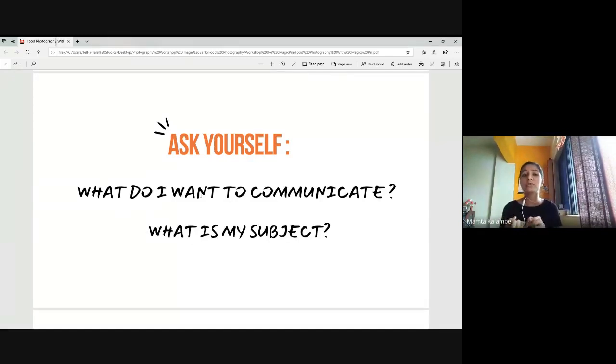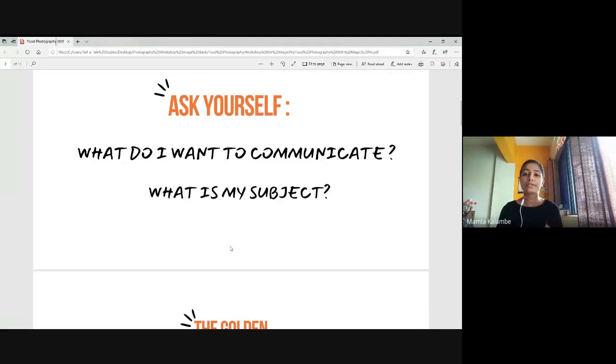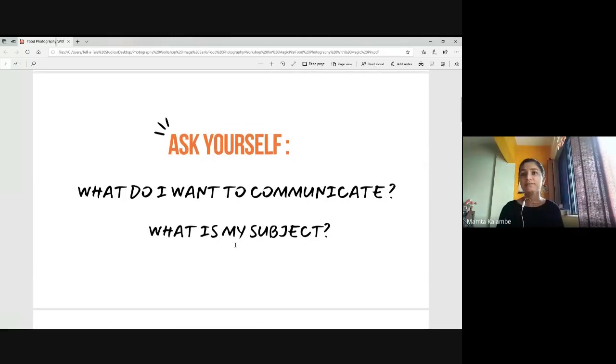Your subject could be one specific dish that you're shooting, or it could be two different dishes that you're going to shoot. So ask yourself, what is your subject, and what do I want to communicate through this picture? What I mean by what I want to communicate is what sort of mood you want to communicate, or even what sort of setting you want to communicate. So these are two important questions that you need to ask yourself.